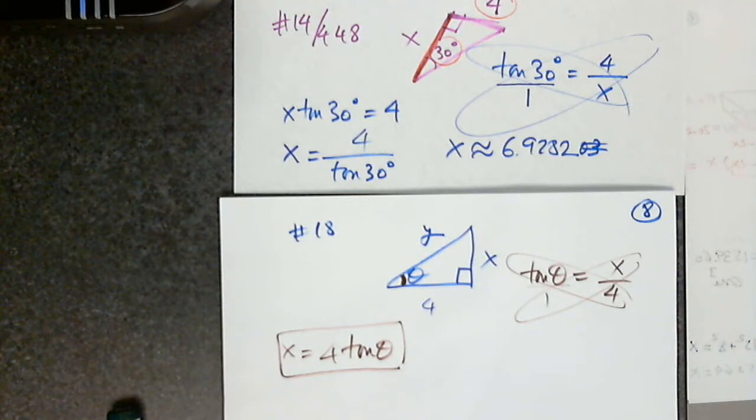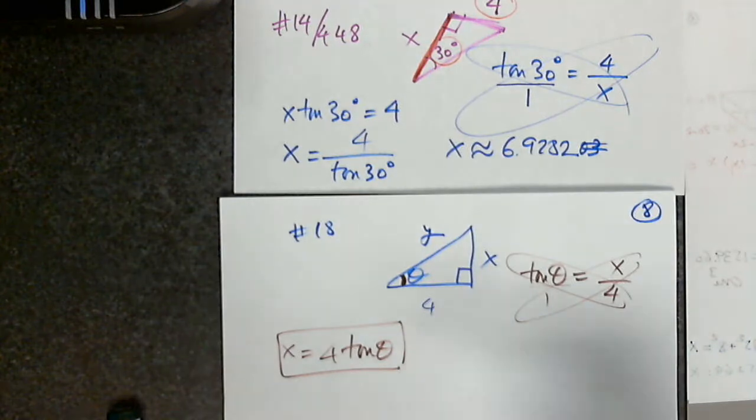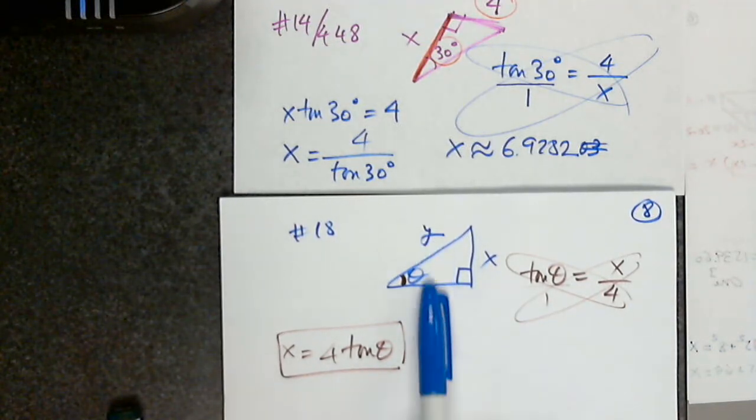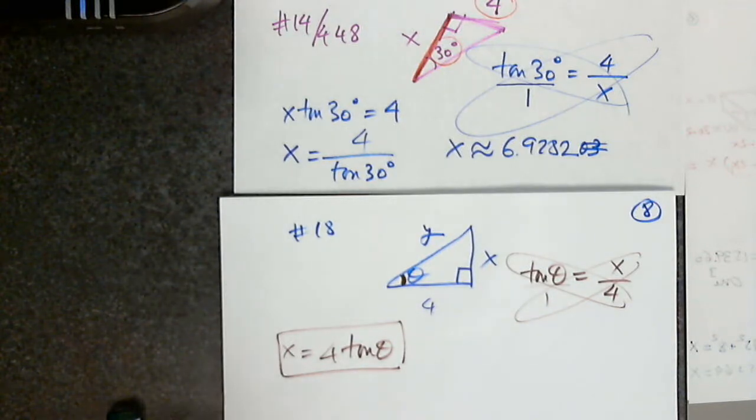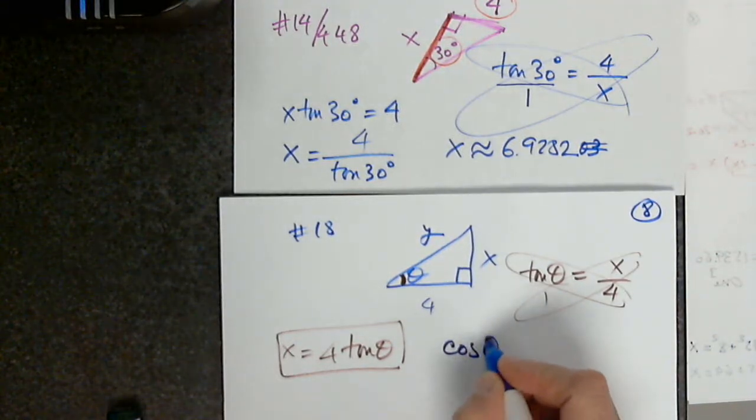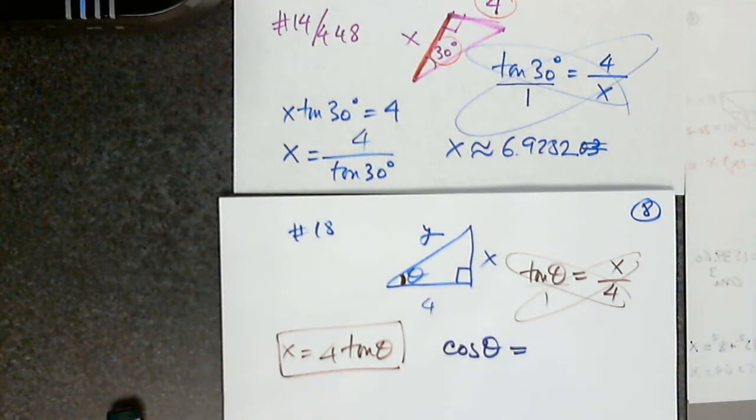Now let's think in terms of y. I want to find an expression like this for y, but that only has theta in it and nothing else. Not x. So I will involve these two. Sine will be the opposite. Yes, indeed, cosine. Cosine theta equals.